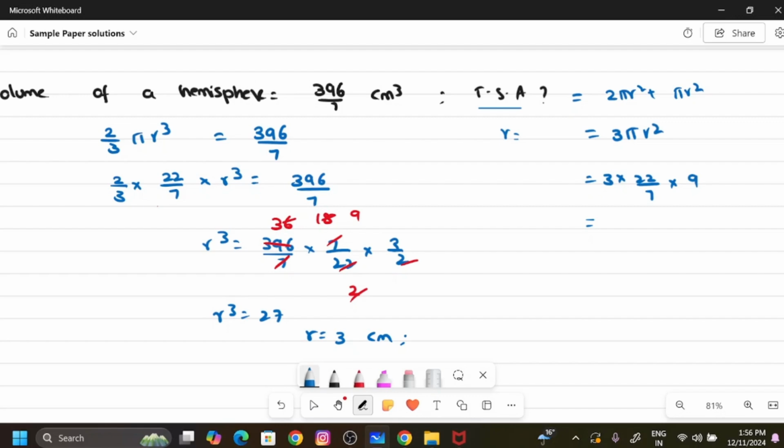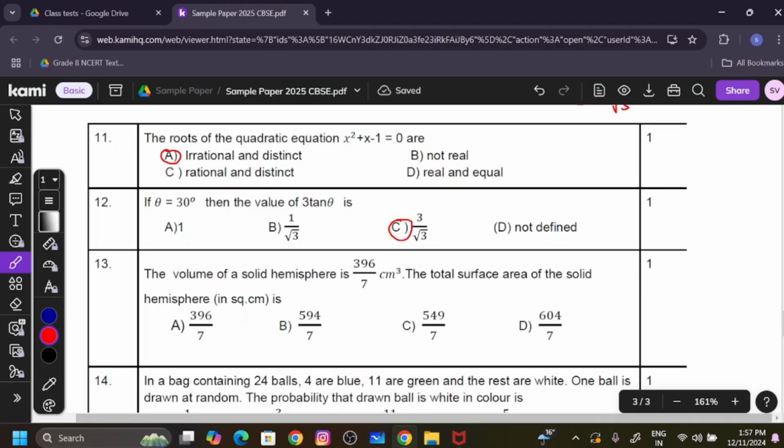So we get 3 times 9, 27 into 22 by 7. So we can write as 54 times 11 by 7, which is 594 by 7 centimeters square. Yeah, option B.